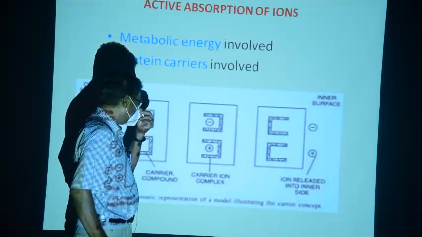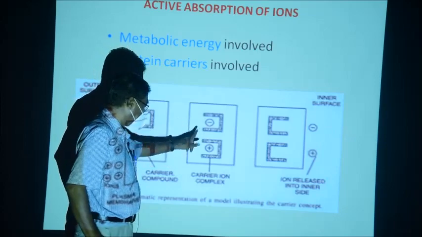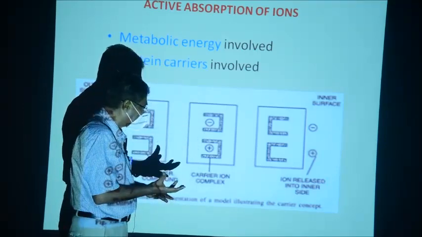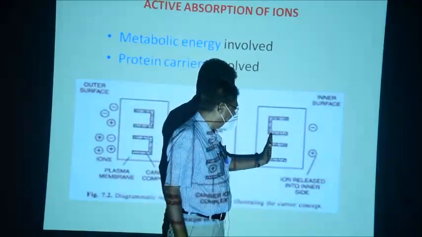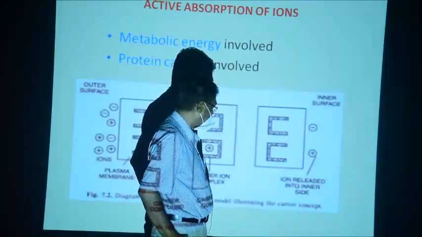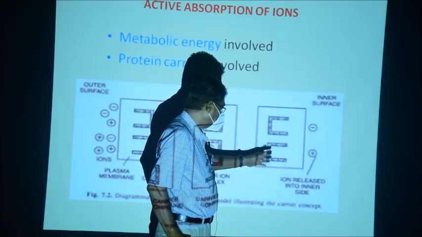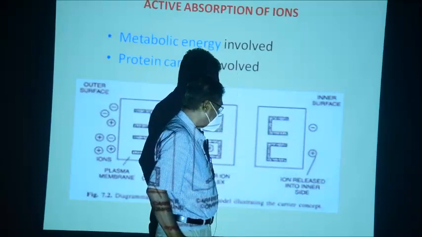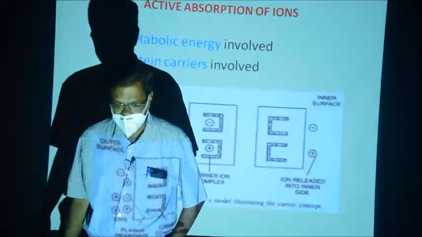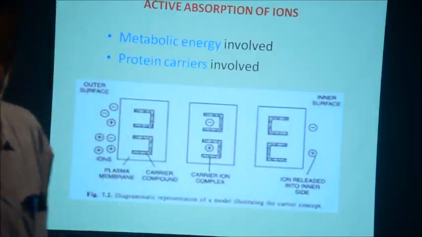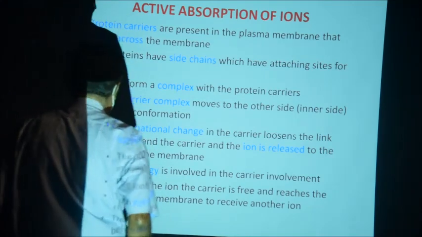After the attachment of the ions to the carrier, there is a conformational change in the carrier. It moves to the inner surface of the plasma membrane and releases the cations and anions by conformational change in its structure. This is active absorption of ions.